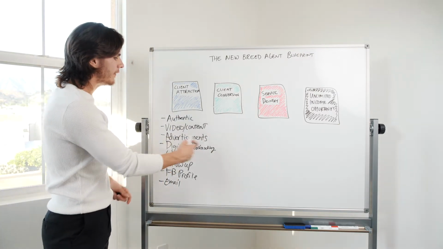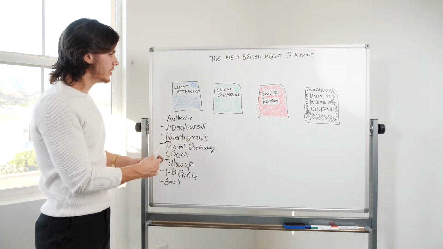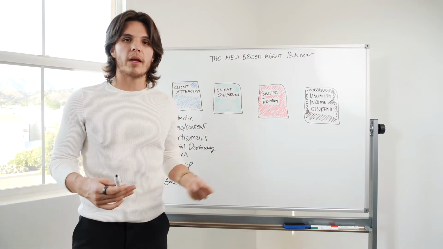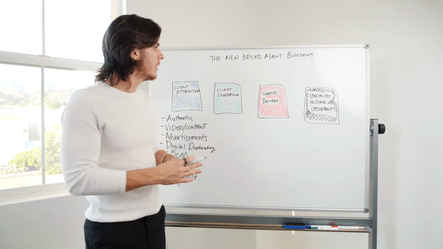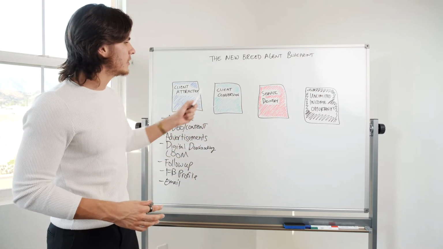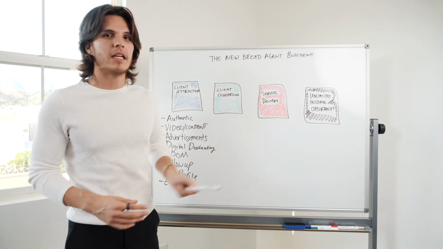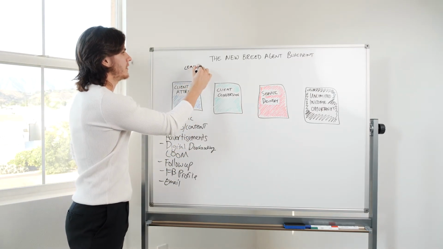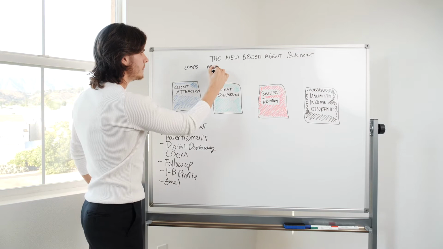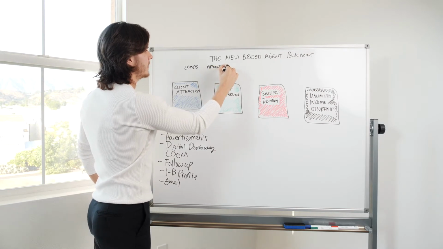Because if you don't have an effective system that generates actual appointments so that you can get that consumer or prospect on the phone call, then you're going to spend so much time just getting them to that stage, right? Because within the actual sales process, I can simplify it. You have leads, appointments, and then sales, right?